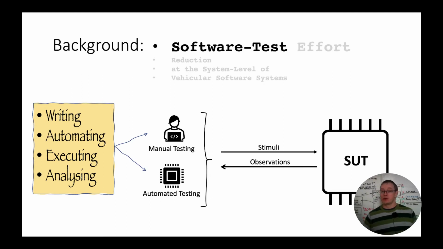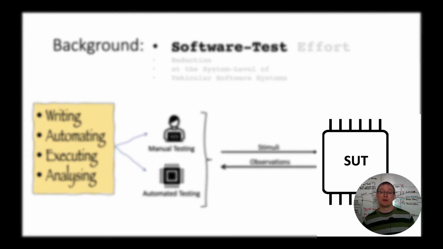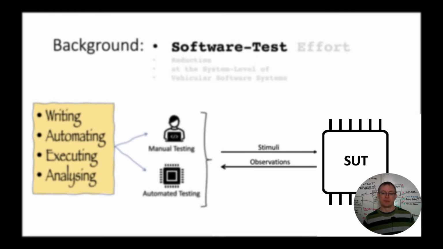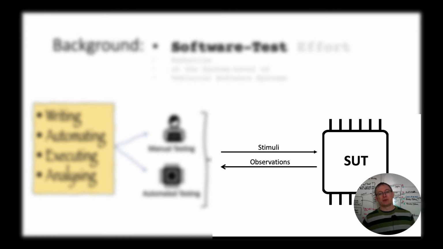Beginning with the first word, software test. What does software testing mean in this context? Obviously, that means that we are doing some tests on software, but we need to develop that a little bit more. If we start out with what we are testing, that is what we call the system under test, the SUT. Basically, what you do when you test things is that you send in a bunch of stimulus.